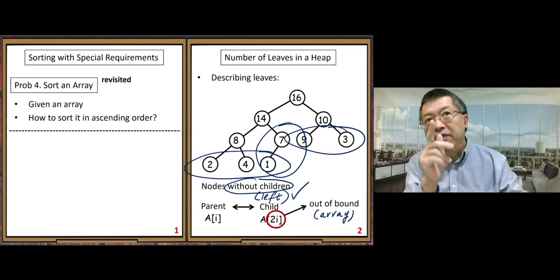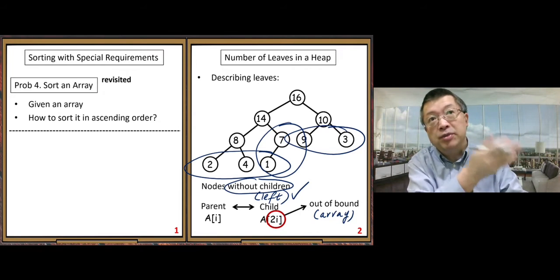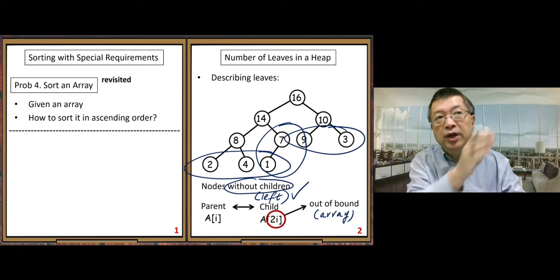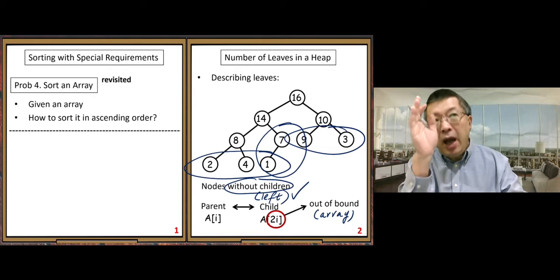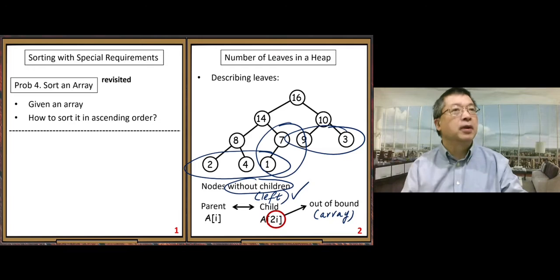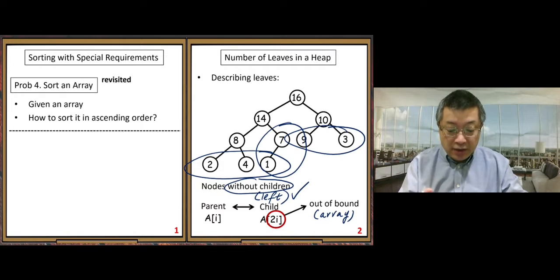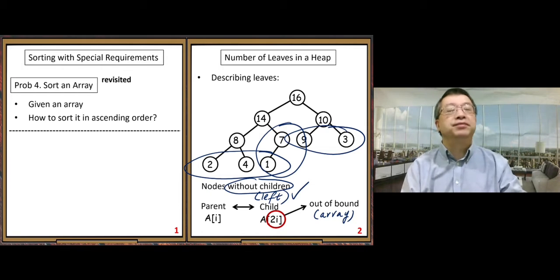Index i, we do not count 0; we skip the 0 location. i should be between 1 and n, n is the upper bound. Out of bound means 2i is greater than n. Then that means A of i has no child.